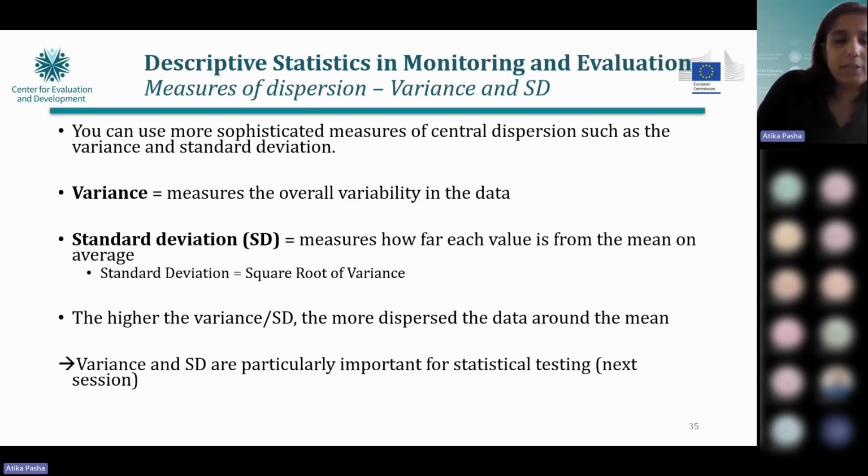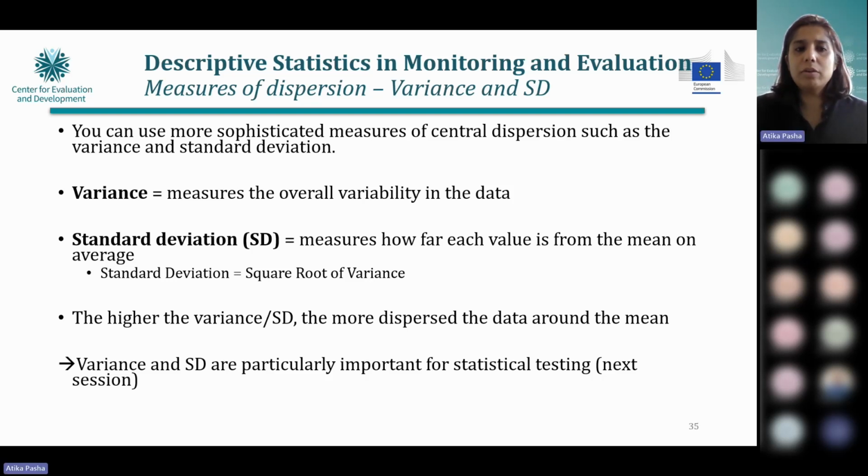It basically is just the measure of how far each of your values is from the mean on average. The standard deviation is simply the square root of your variance. So if you take the standard deviation and square it, it would give you the variance. Or if you take the variance and do a square root of it, it will give you the standard deviation.